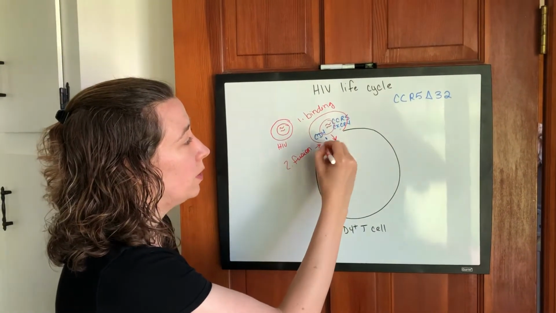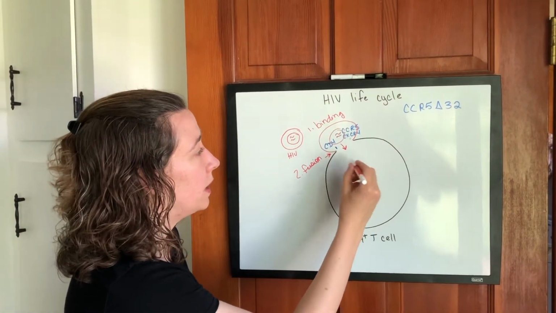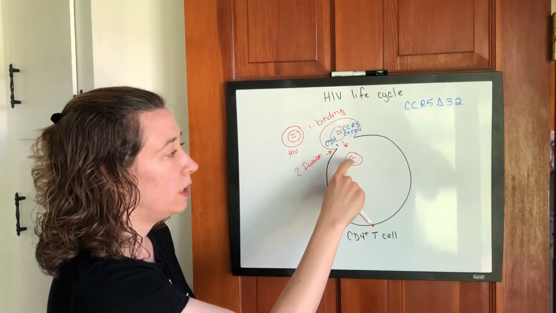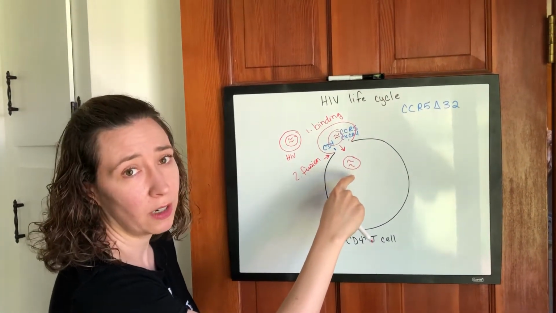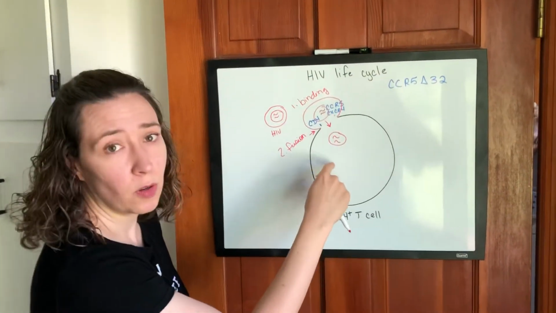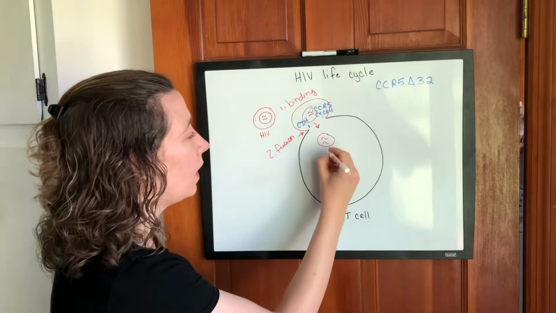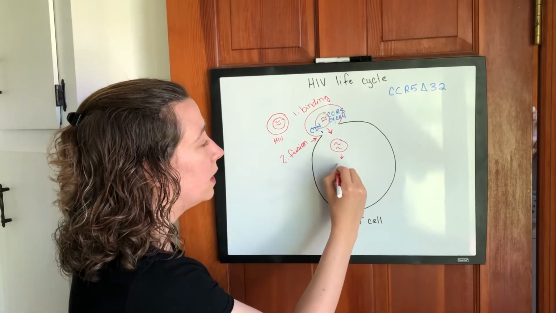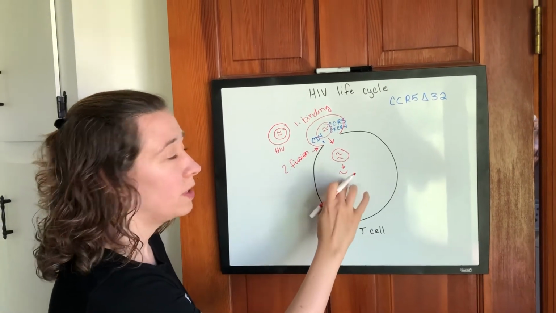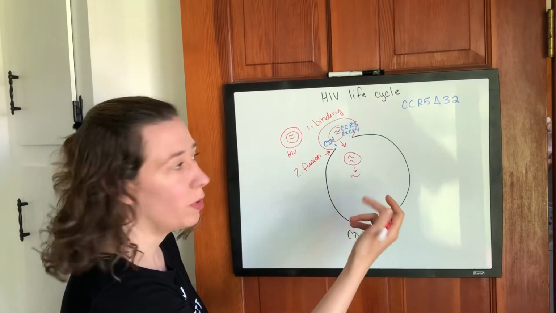The envelope will stay fused with the host cell, and then the nucleocapsid portion of the virus, so this is the genetic information, the single-stranded RNA, which is present in 2 copies, plus the protein coat, comes into the host cell. The single-stranded RNA gets uncoated, and so now it's free to be dealt with.